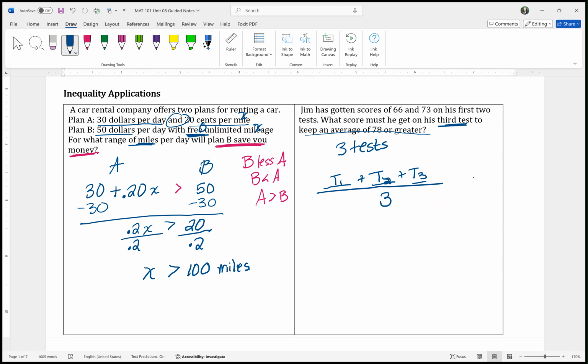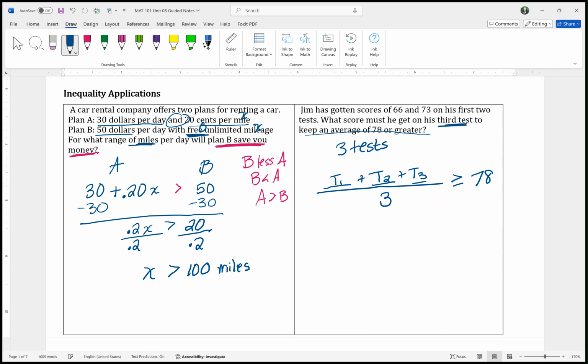So we want all this to be greater than or equal to 78 because it did say you could have 78. Okay, so that's how you know whether you're going to put the equal to. If it said greater than 78, then you would keep that, okay? Then you wouldn't put the equal to.